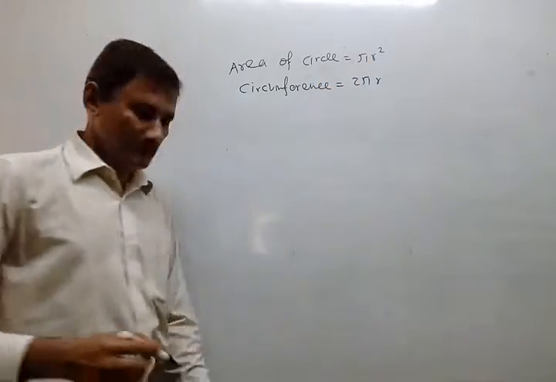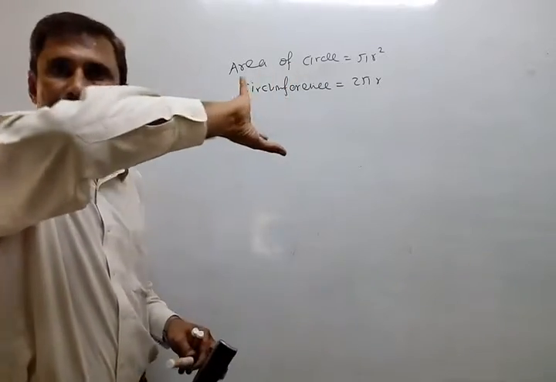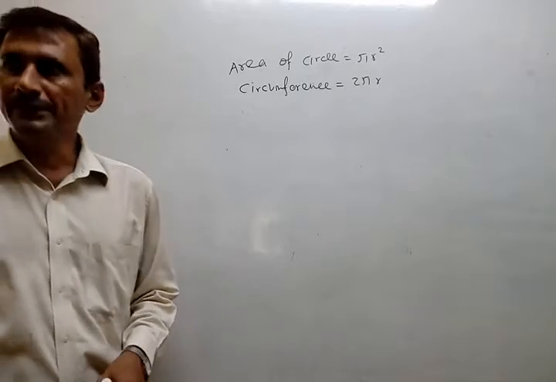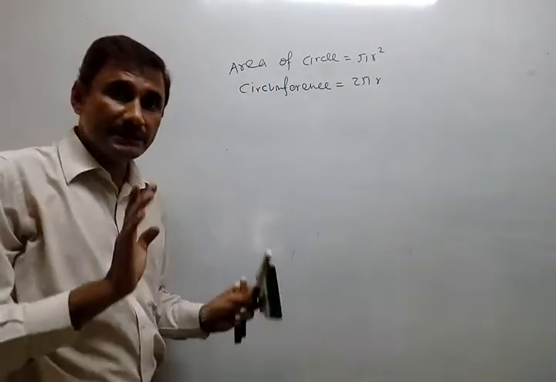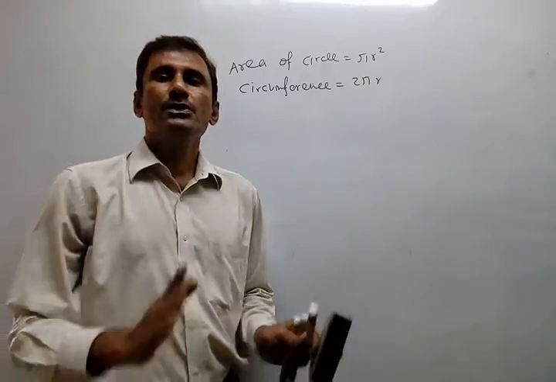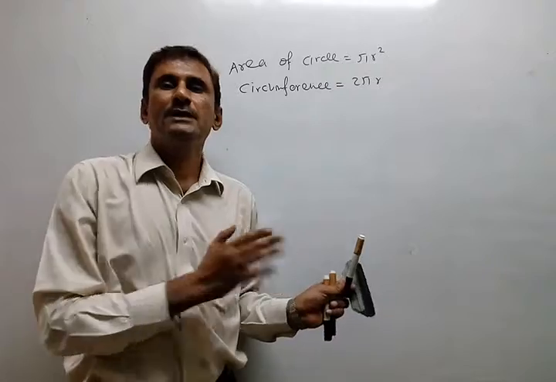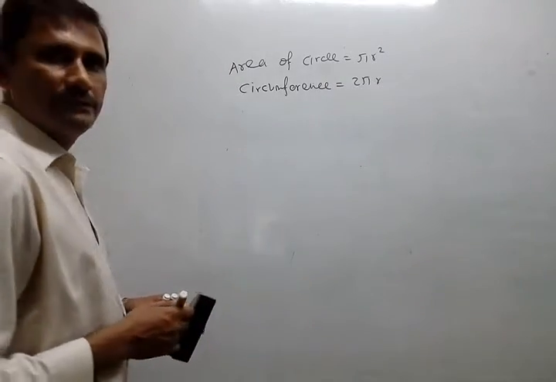So just remember both these formulas. Okay, don't mix them up. Here is 2 pi r, here is pi r square. Just look carefully and remember that. That is not new. Even you have been studying these types of formulas and concepts since primary levels. Okay, so remember it.